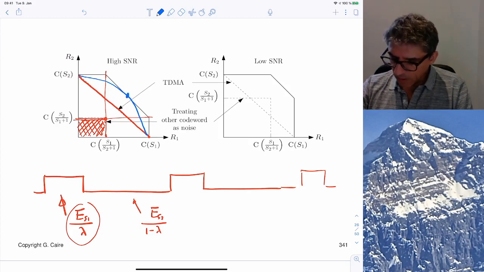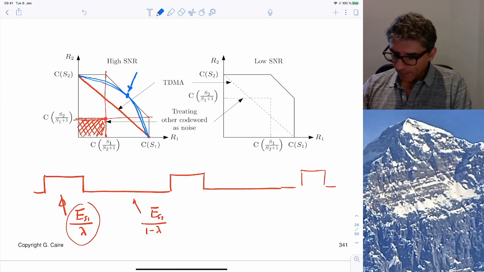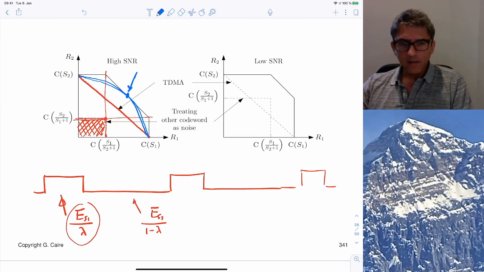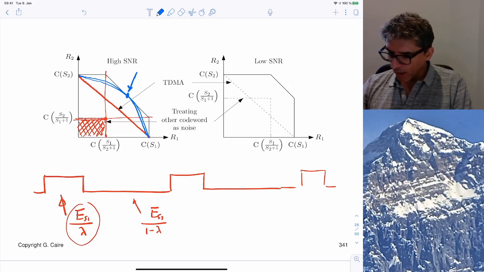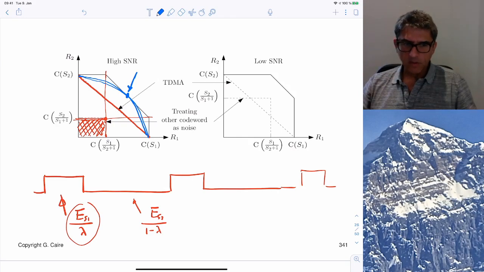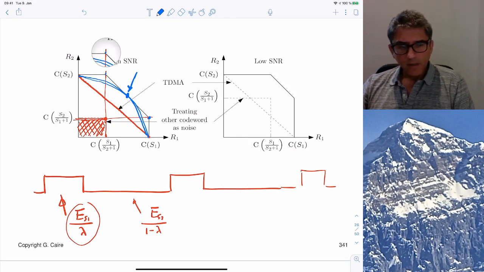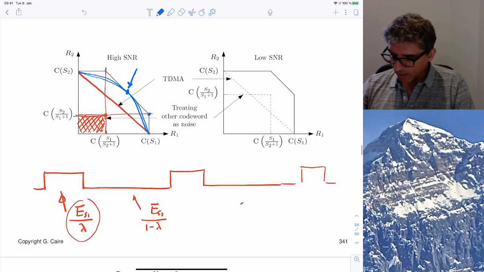So depending on the shape of the pentagon, there is an optimal choice for the duty cycle lambda that achieves at least one optimal point on the dominant phase. However, orthogonal access is suboptimal because, for example, the pentagon is generally a bigger region. These two corner points typically cannot be obtained by orthogonal access. Okay.